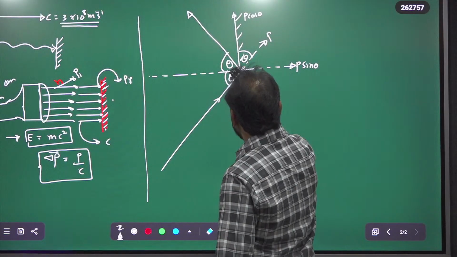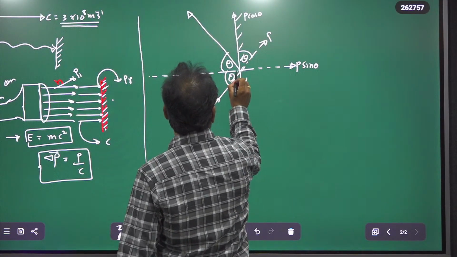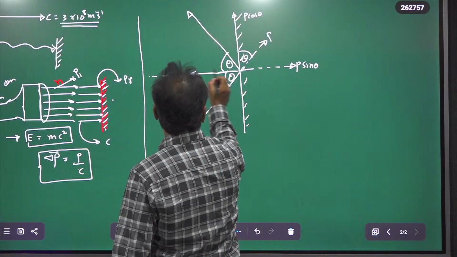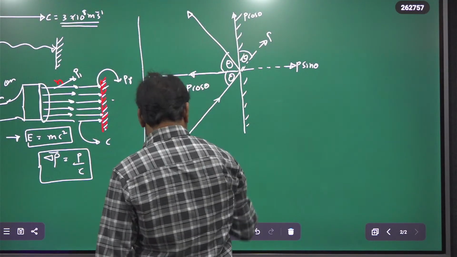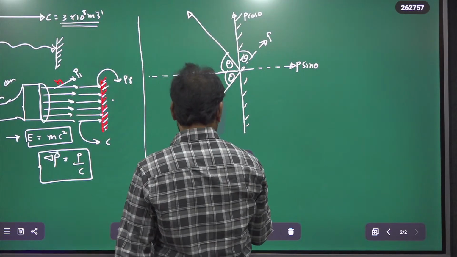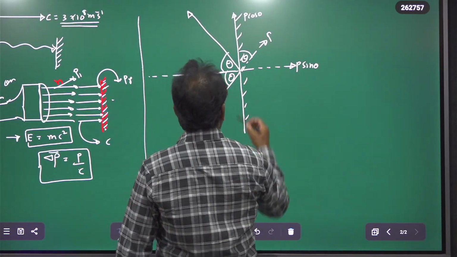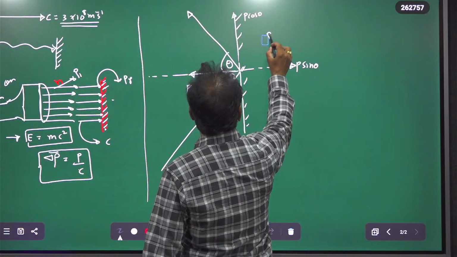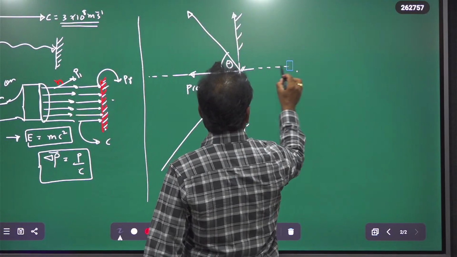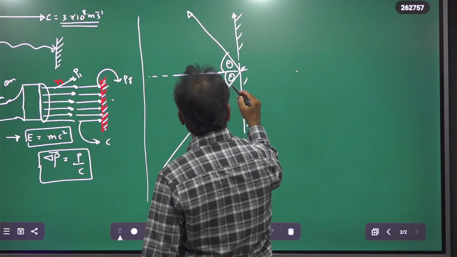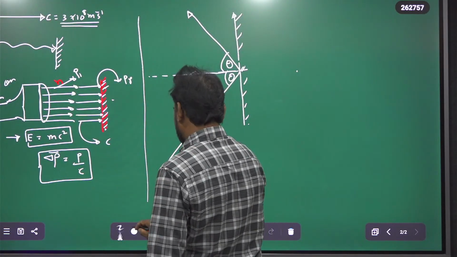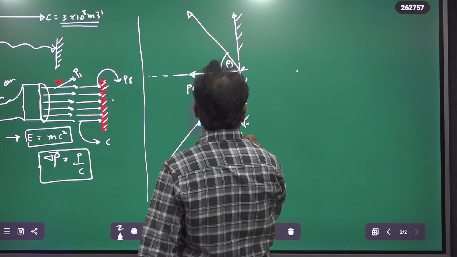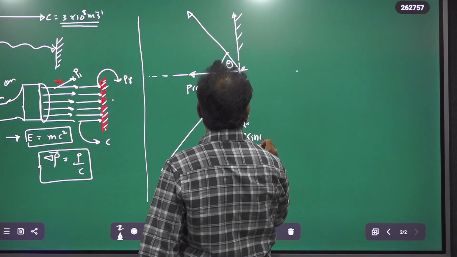So you can see the component along the direction of P cos theta. Once again I am drawing: due to this, the other direction is P sin theta.